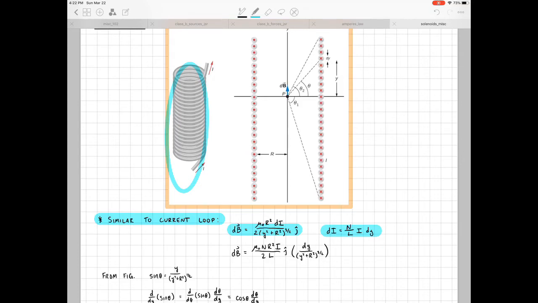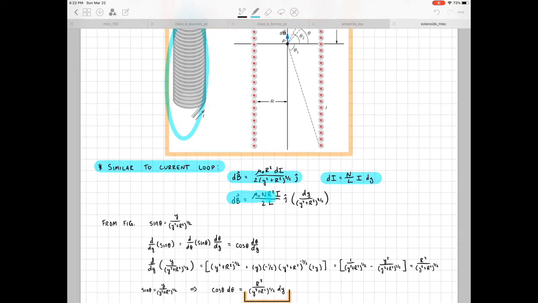I substitute that in, and I get this slightly more complicated expression where the contribution to the magnetic field from each small dy chunk of loops in the solenoid is this expression.